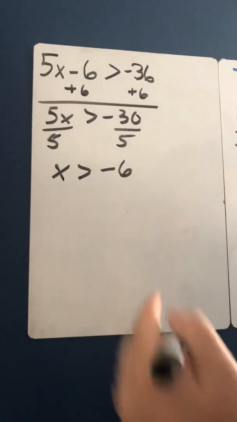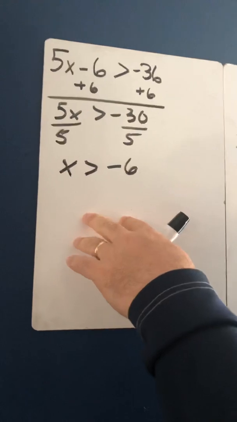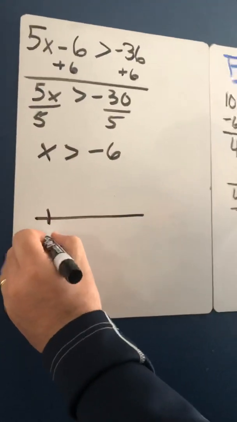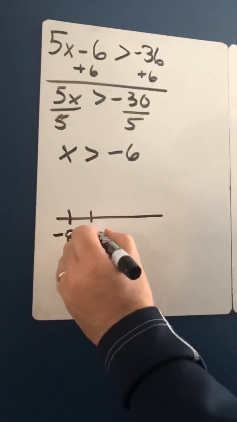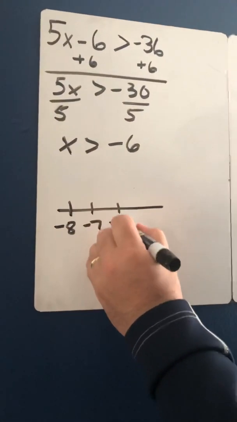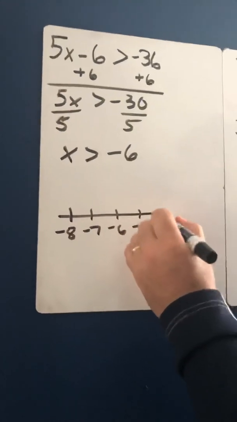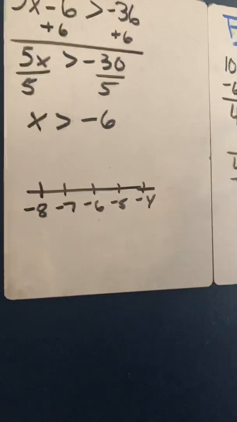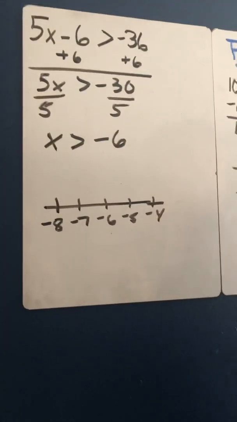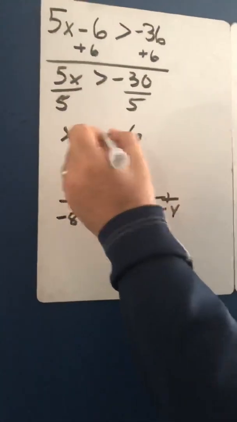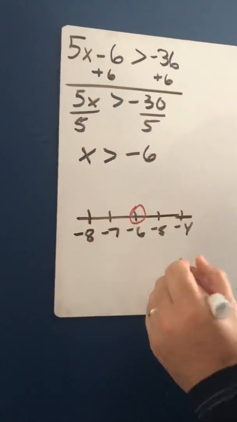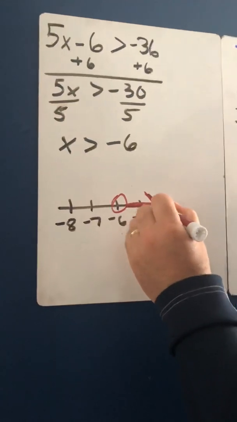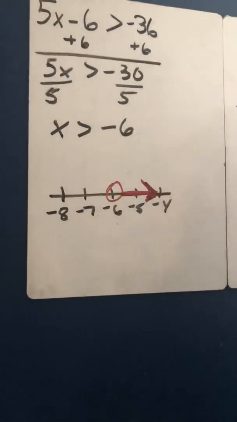Another thing that's a little different about inequalities is that sometimes we graph the solutions. I'm going to make a quick number line and pick a couple of values around my solution. We read this as x is greater than negative 6, so greater than is an open circle, and all the values greater than negative 6 are shaded.